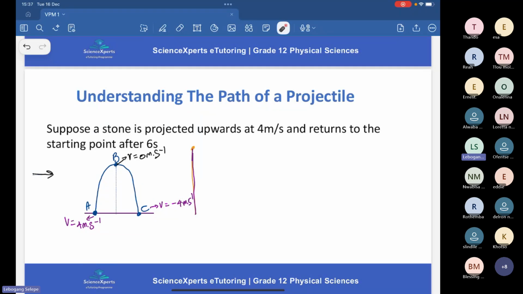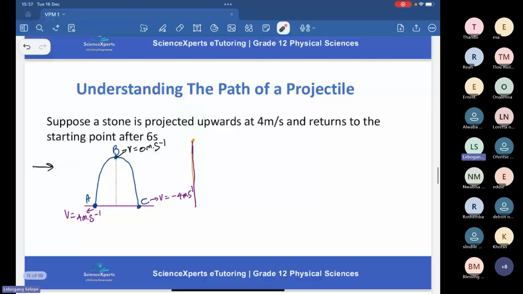Okay, so now let's pass. Another thing is that the time it takes the object to travel from A to B is the same as the time it takes to travel from B to C, because remember we are plotting time on the x-axis. So from here to here is equal to from here to there.